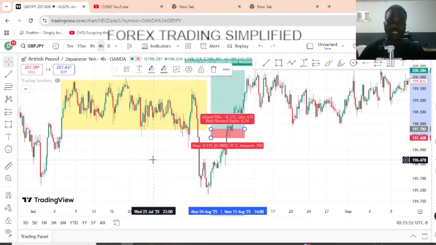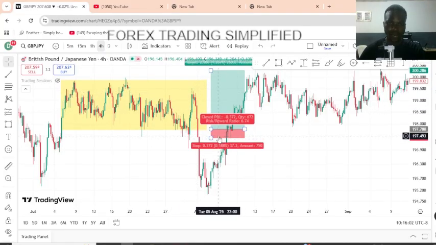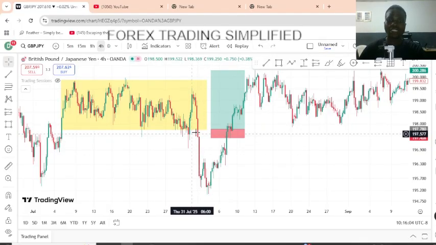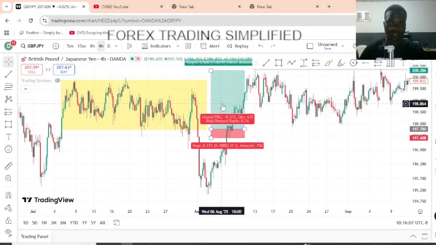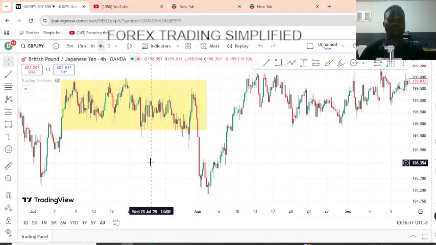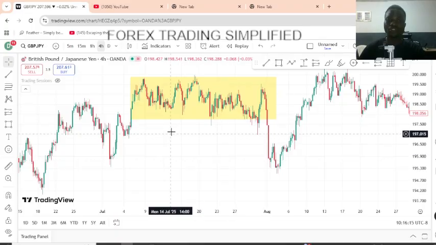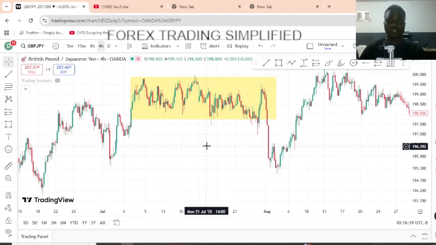Now can you see that the moment you enter the market from here, the market was actually going up, but at a point in time the sellers took over the market and went through your stop loss. All right, so now you can see that you have actually lost a lot of money. Now if you don't understand these tools, don't worry about that. I'm still going to explain more, but what I'm trying to explain to you right now is that during ranging markets, you don't trade the ranging markets, you don't trade it.